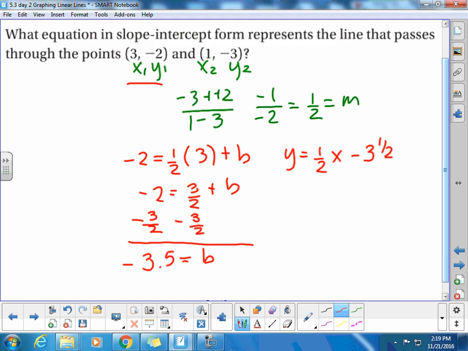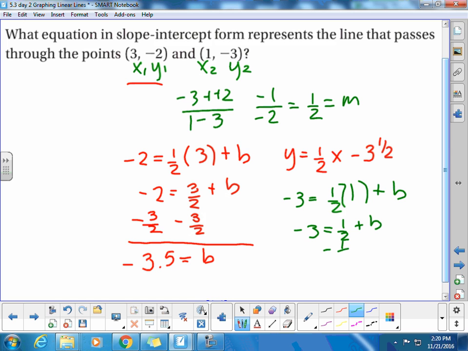Let's try using the other point just to see if we get anything different. If we use the other point, the negative 3, 1, I would get negative 3 equals m, my m is still 1/2, x, which is 1, plus b, y equals mx plus b. Negative 3 equals 1/2 plus b.